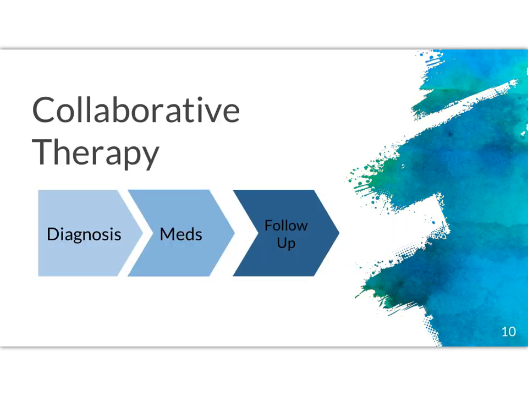When we look at collaborative therapy, we've already talked about how extensive diagnostic testing could be, but you also have to realize, for instance, if someone is diagnosed with type 2 diabetes, then we have to go through a diagnostic process where we need to identify any comorbidities that possibly they've developed from the type 2 diabetes.